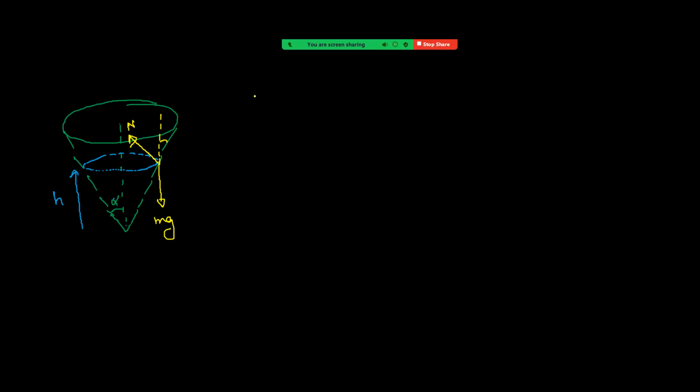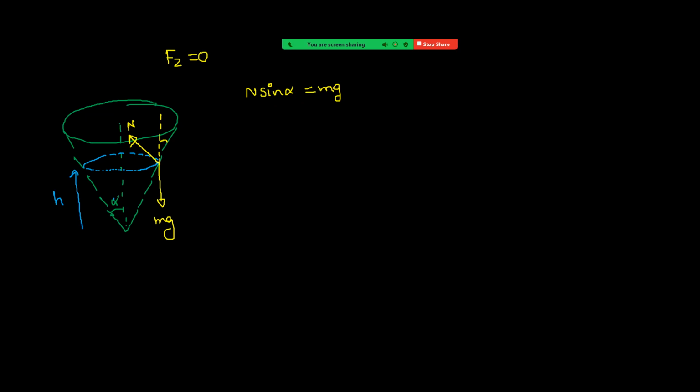Therefore, N cos(90 minus alpha), which is N sine alpha, is equal to mg. Along the z direction there is no net force, Fz equals 0. So N sine alpha minus mg equals 0.